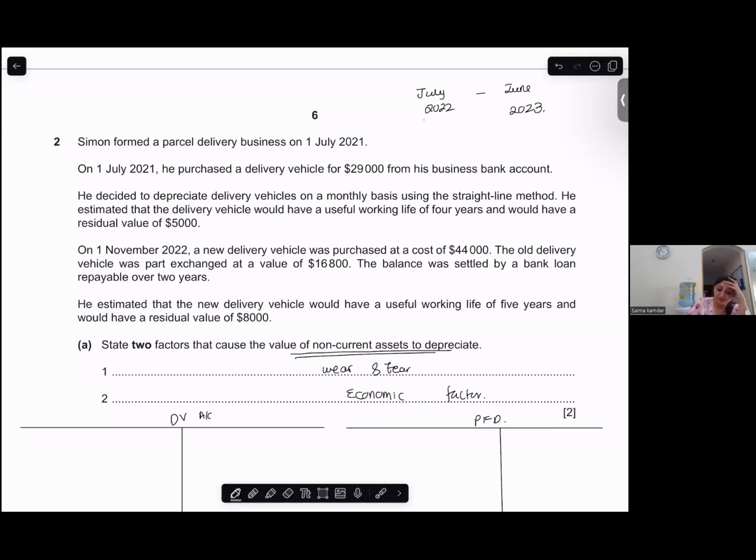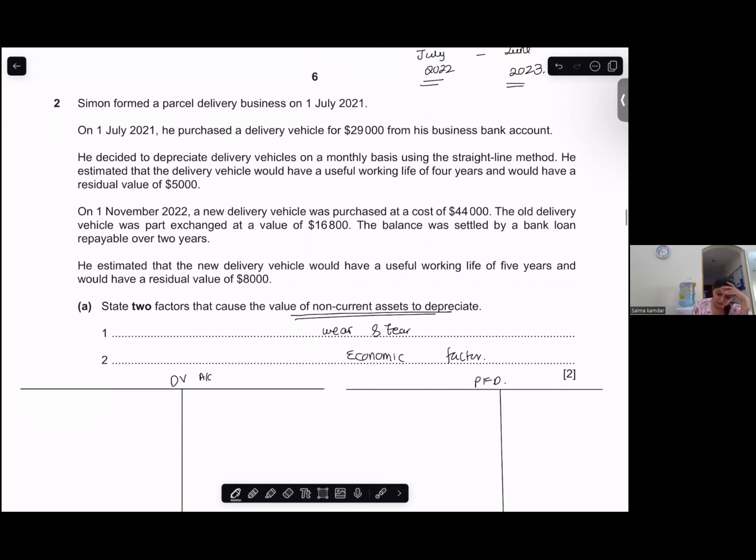Since I have to prepare from July 22 to June 23, does that mean that the vehicle that he purchased on 1st July is the balance brought down? Yeah, that's the balance brought down now.